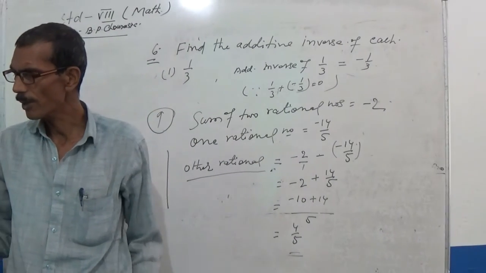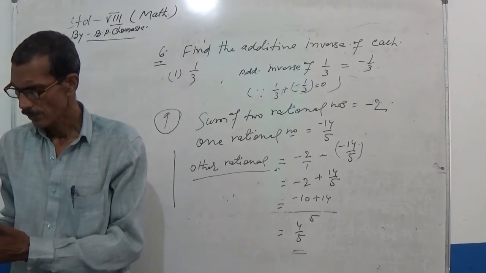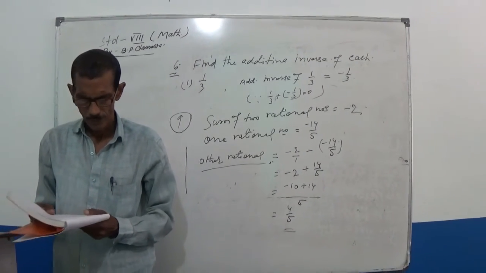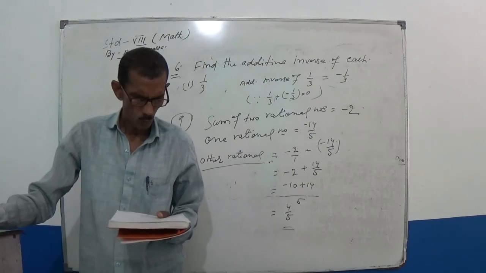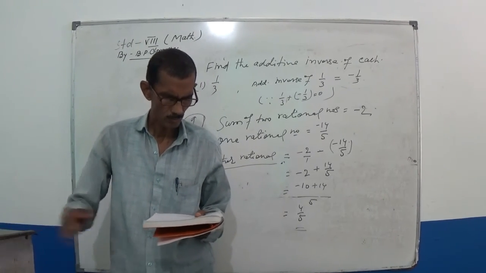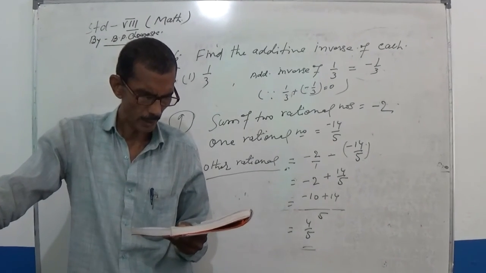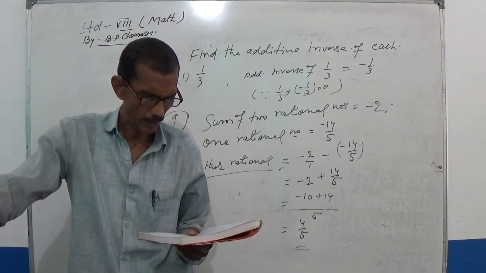Some objective problems are also given in exercise 1C. Which rational number is its own additive inverse? Here 0 is the rational number which is its own additive inverse. Is the difference of two rational numbers a rational number?